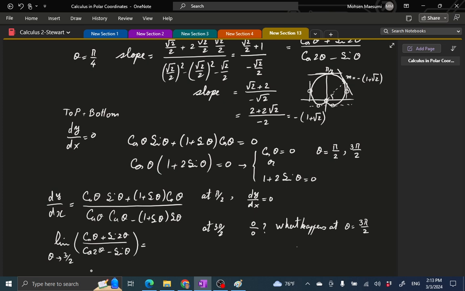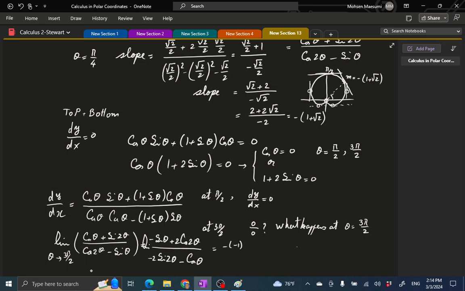L'Hopital says, differentiate the numerator, you get minus sine of theta plus 2 cosine of 2 theta, divided by minus 2 sine of 2 theta, and then this one is minus cosine of theta. Now I have to look at the limit of this as theta goes toward 3 pi halves. So this is minus 1.